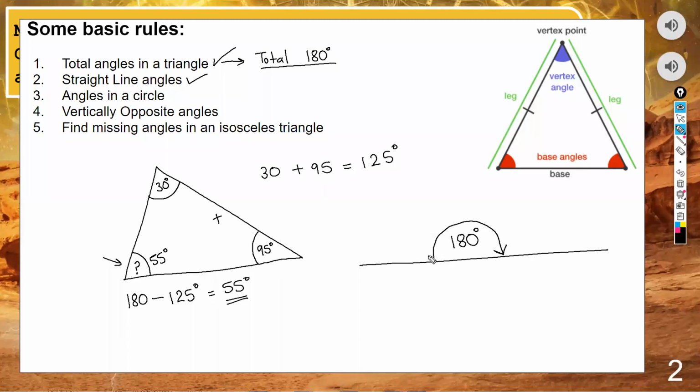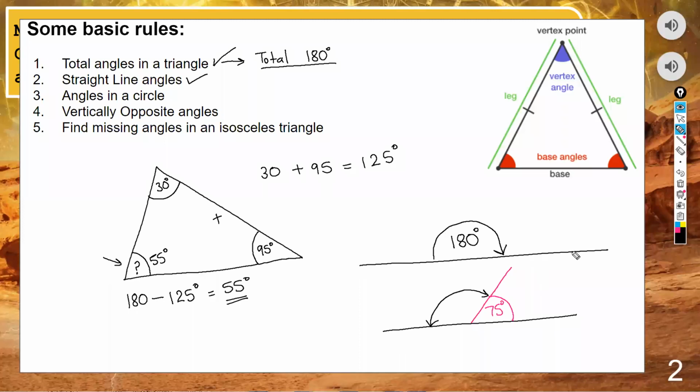So a straight line is 180 degrees. So if I have a straight line, and I draw a line here, and I tell you this portion alone is 75 degrees, do you all think you can find the missing portion?